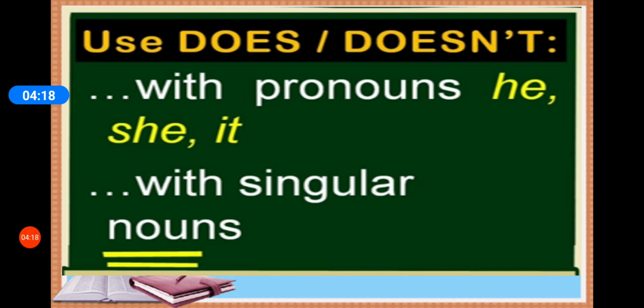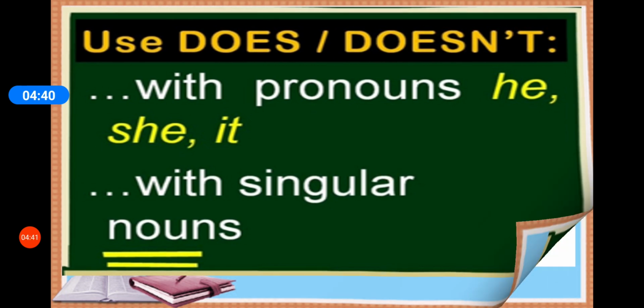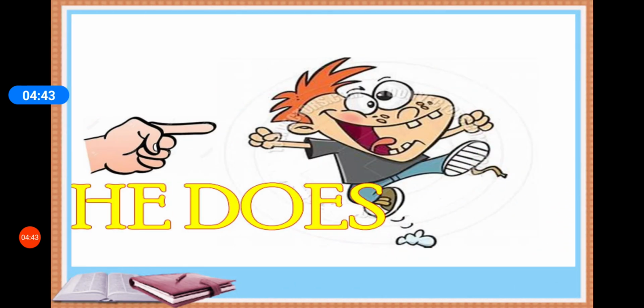Now, does or doesn't. Doesn't is the short form of does not. So, does or doesn't, they are used with pronouns he, she, it, or with singular nouns. Right? Let's see. Like he does his work.